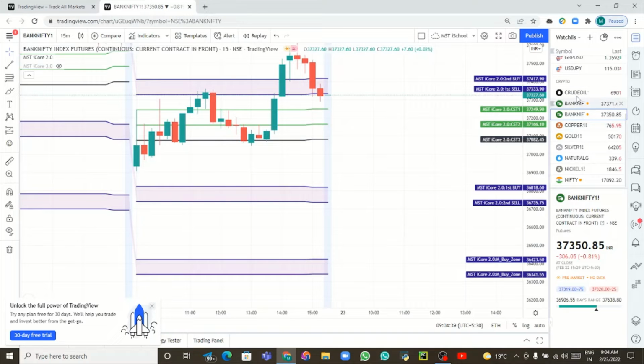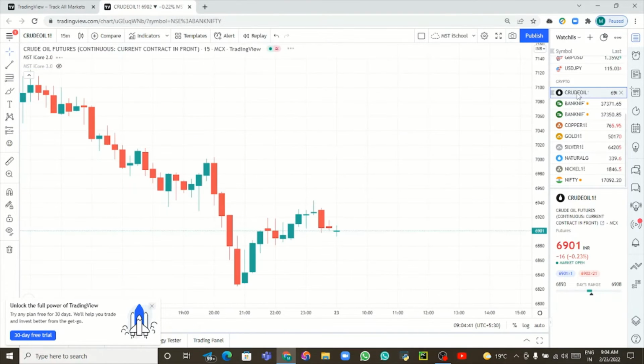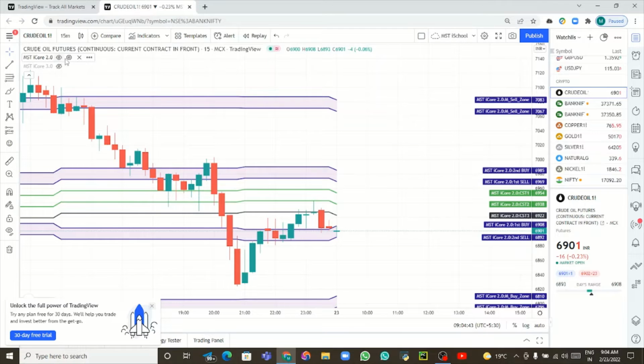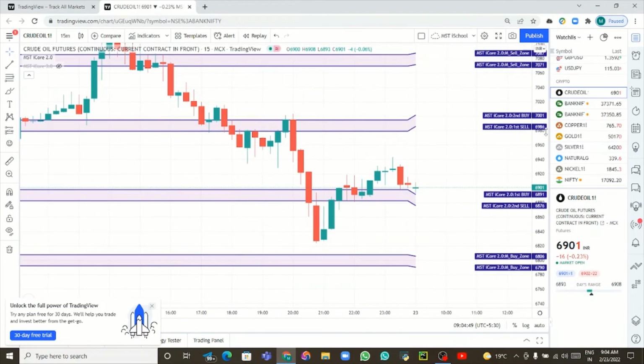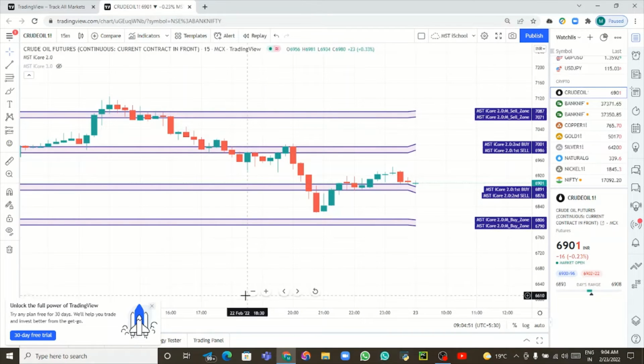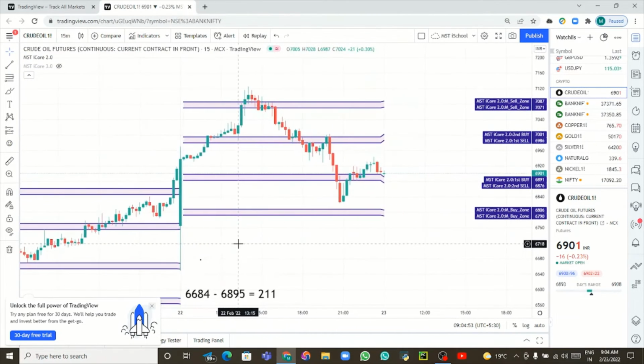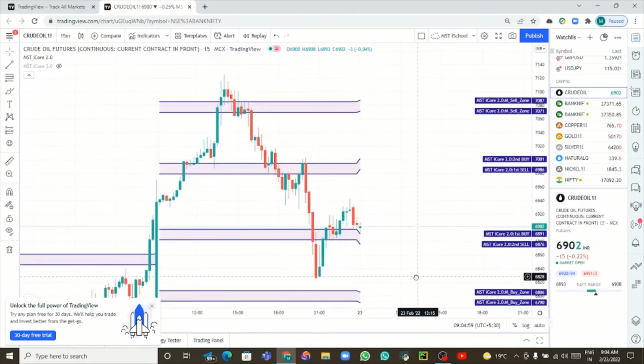Then let me show you our favorite script, CRUDEOIL. I will come here. For CRUDEOIL, we should not keep 360 days. See, CRUDEOIL, what happened? The market opened in green and immediately our sell got activated and SL hit.